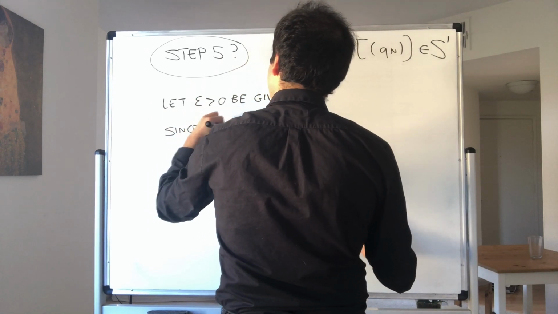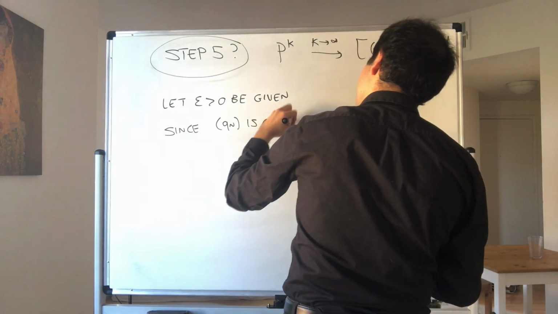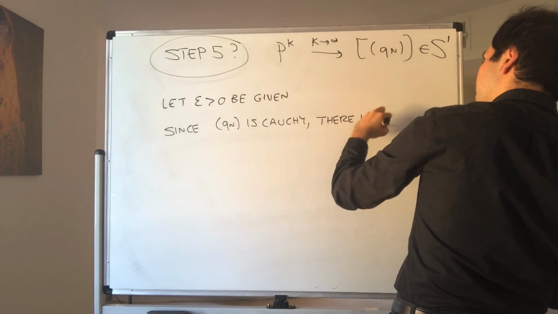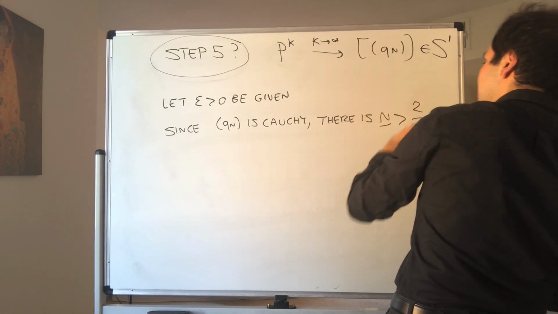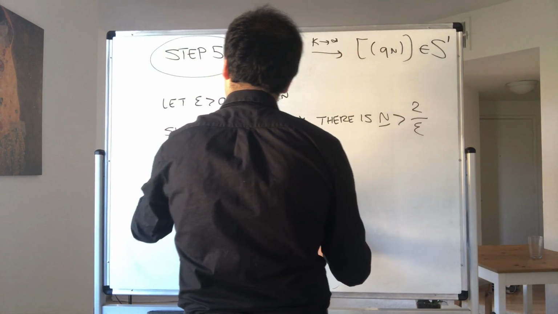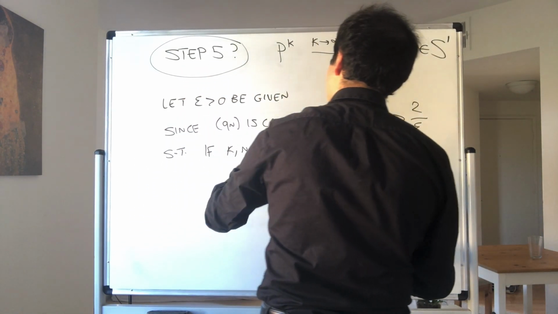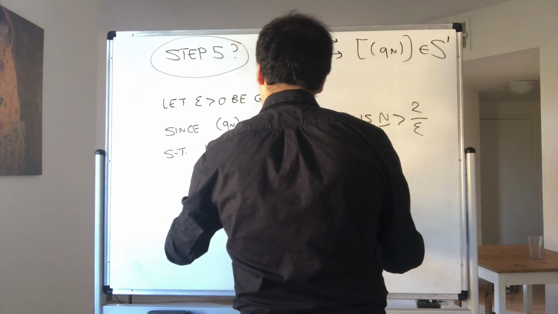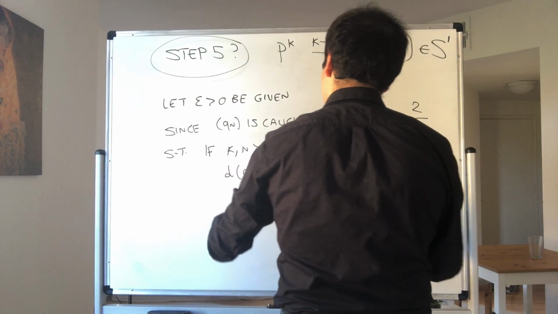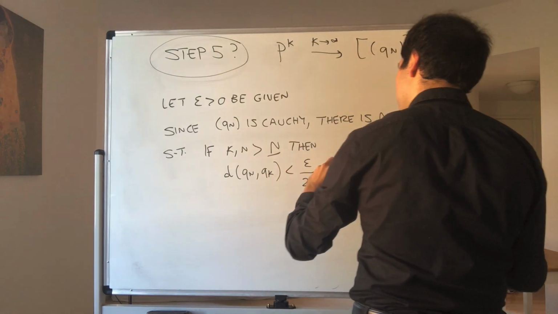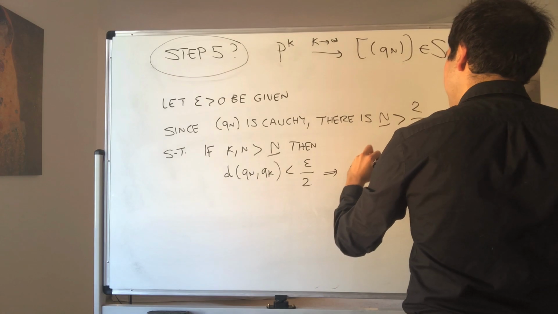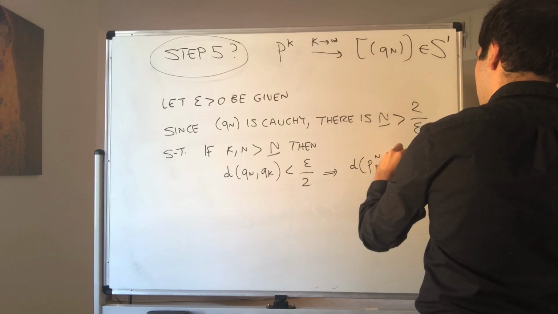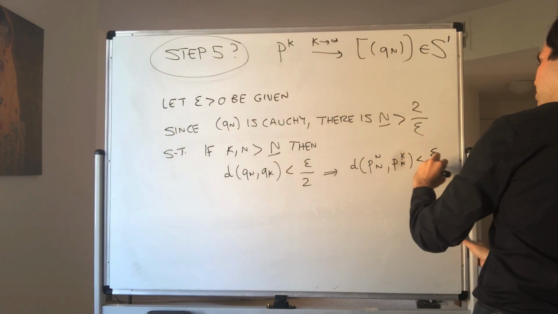So since Qn is Cauchy, there is a capital N, and without loss of generality, assume it's bigger than 2 over epsilon, such that if K and n are bigger than capital N, then the distance between Qn and Qk is less than epsilon over 2, which really means the distance between Pnn and Pkk is less than epsilon over 2.